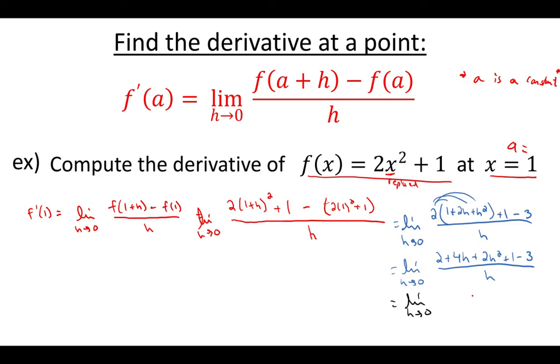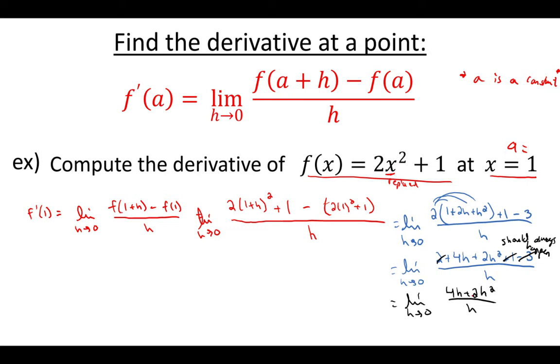So we got the limit as h goes to 0. We've got 2 plus 1, which is 3, minus 3. So these constants all get canceled out. This should always happen when you do this, at least on these basic ones. The constants have to go away. And then what we're left with is 4h plus 2h squared over h.